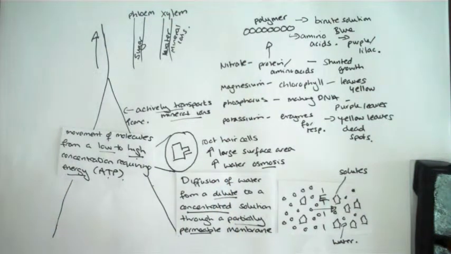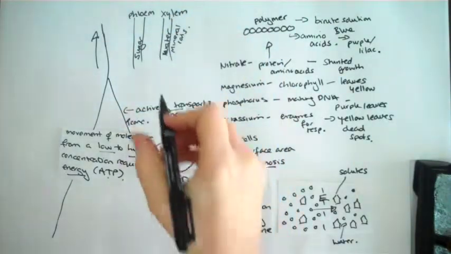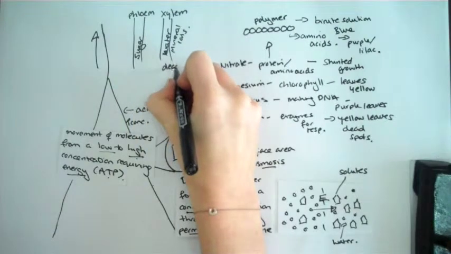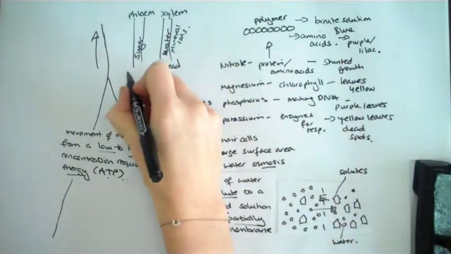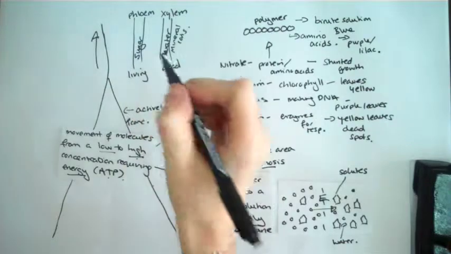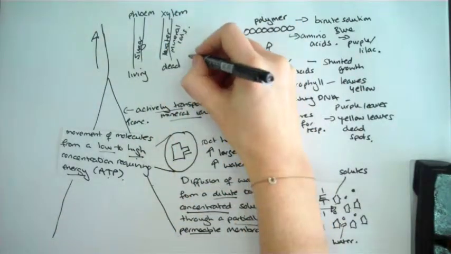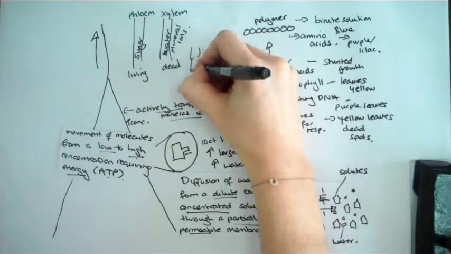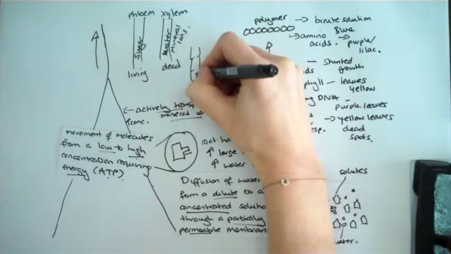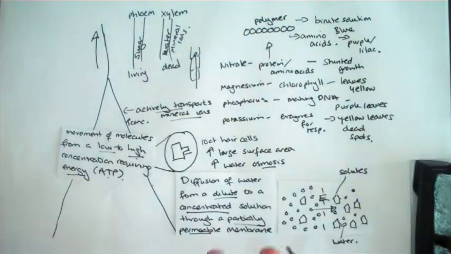Now, maybe we'll just take a little think about the structure of these, because you may be asked to refer to the structure. When we think about the xylem, it is actually made of dead cells, whereas the phloem is actually living. The xylem was once made of living cells, but they died away. Essentially what that has done is leave what we would call a continuous tube, like a straw, that the water can move up.